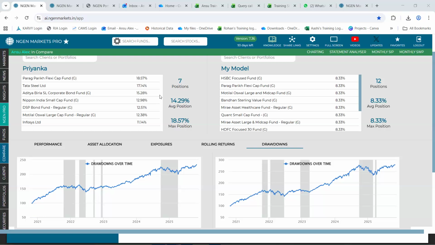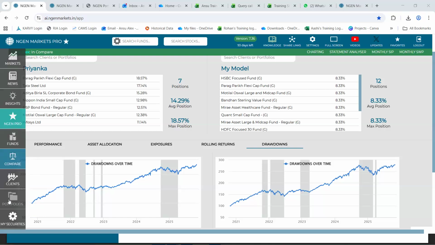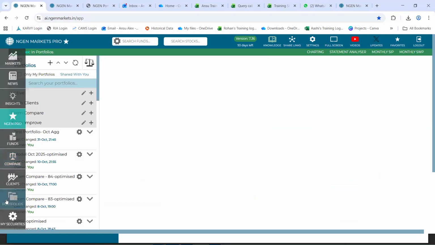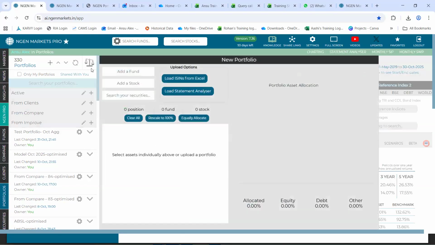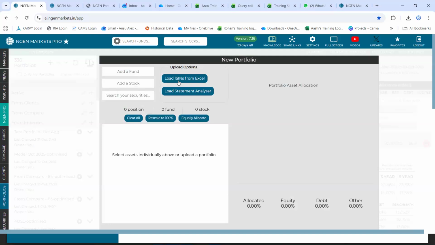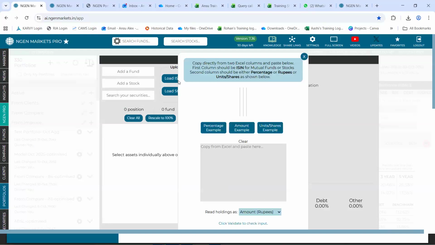So there's a question in the chat box. Can we upload Excel? Yes, to upload a portfolio, an ISIN upload feature is available in the portfolio section. There's this plus icon wherein you can click on this option called load ISINs from Excel. And into this gray section, you need to put in two data sets. First has to be the ISIN numbers of the schemes, and the second could be either percentage or amount or units or shares.